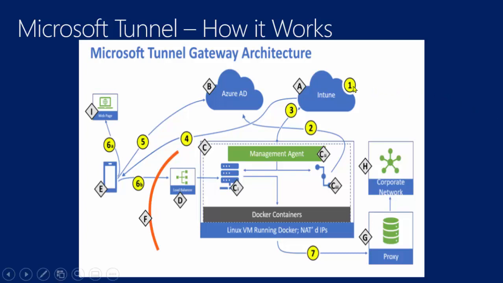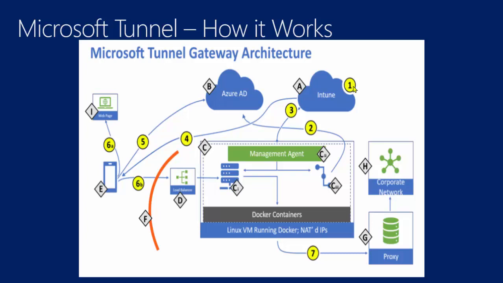So option 1, the Intune administrator is going to configure a section called Server Configurations and Sites. I'll tell you what that is. I'll show it to you in a minute, and it'll make more sense. But basically think of it this way. You're going to have your Linux server, and that Linux server is going to host your Microsoft Tunnel Gateway service.